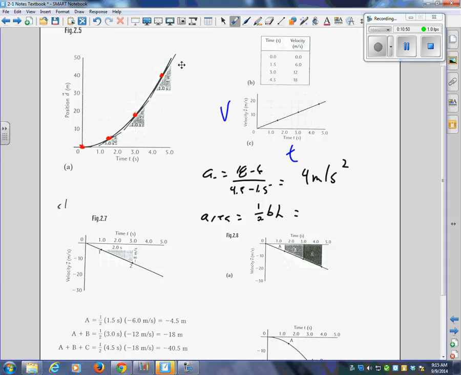I should give you this graph here, shouldn't I? I must have missed that one when I made the sheet up. So they actually want to only go to 3.5. I'm not sure where they came up with that value, but they want that right there. So 1/2 the base is 1/2 times 3.5, and the height there is 15, giving us a displacement of 24.5.